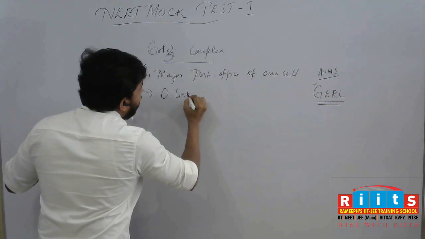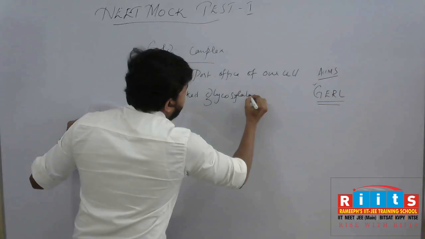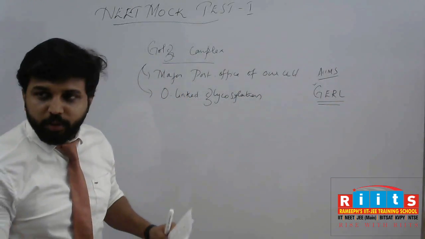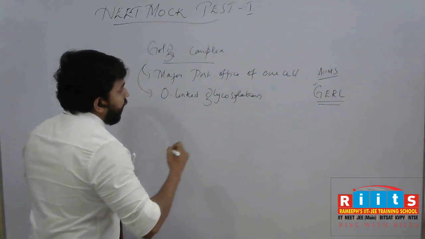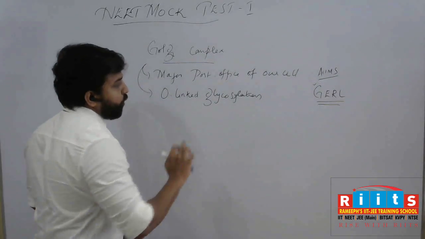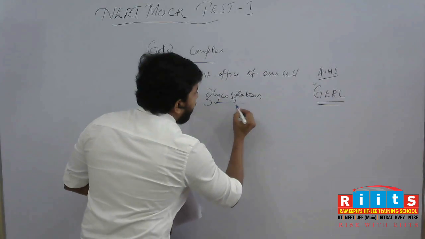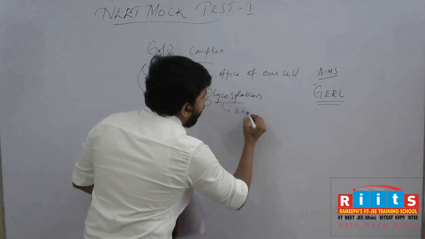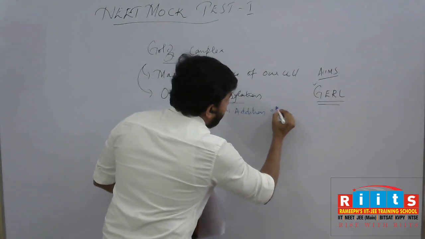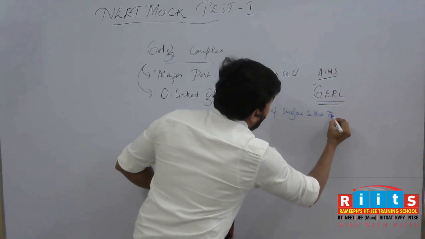O-linked glycosylation. Golgi helps in O-linked glycosylation. Before we go into O-linked glycosylation, the second function is O-linked glycosylation. As we know, glycosylation is the addition of sugar to the proteins.